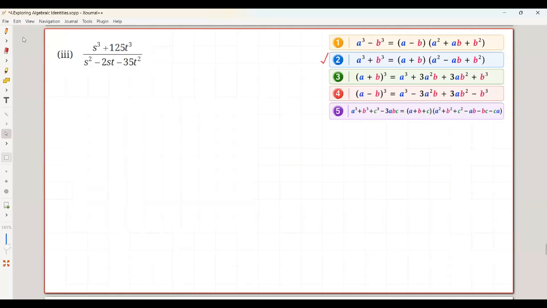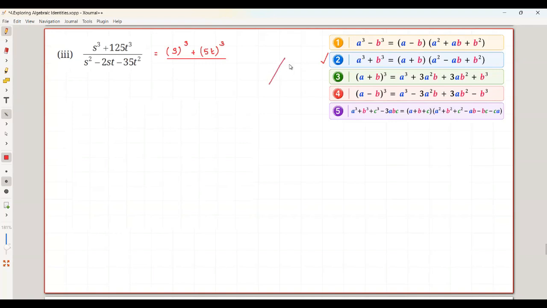So first, this can be expressed as s the whole cube, a cube, plus 125 means 5t the whole cube. Now I'm going to apply the a cube plus b cube formula, divided by, for this we can use only the cap method. So how to find the factorization?